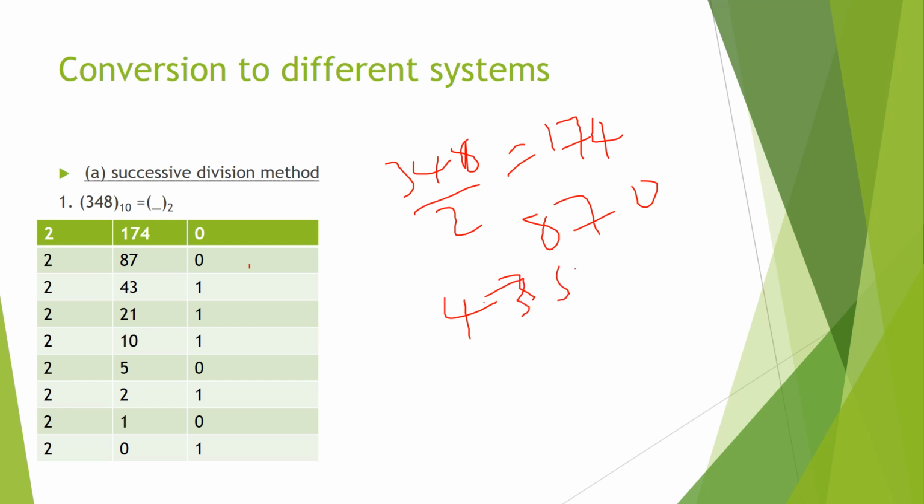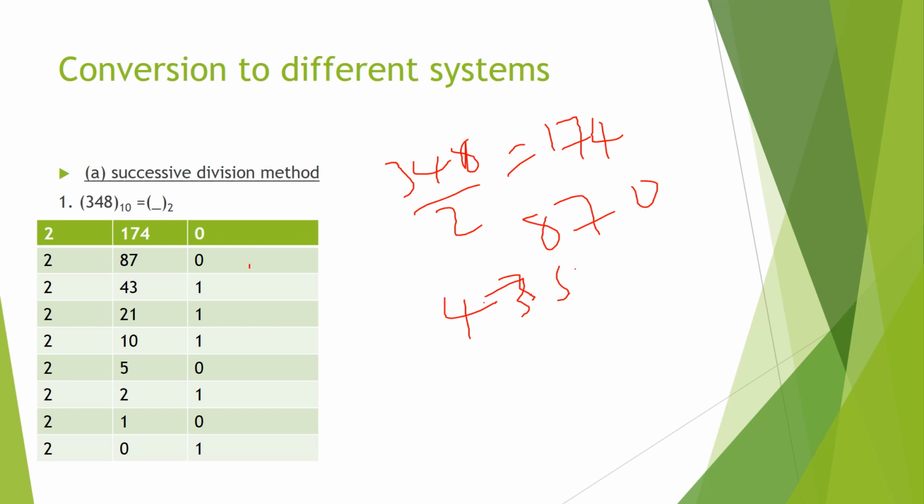To get the remainder, you take 0.5, which is remaining after 43, then you multiply by 2, and when you multiply 0.5 by 2, you get a remainder of 1. The same case, if you divide 43 by 2, you get 21 remainder 1, because it is 21.5. So now you take 0.5, you multiply by 2, you get 1.